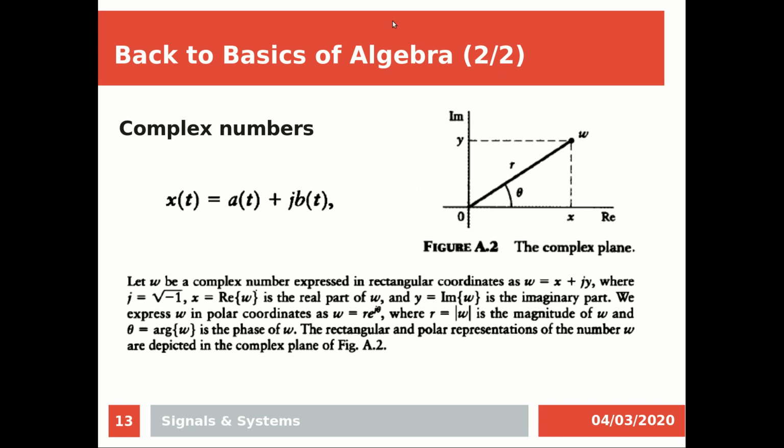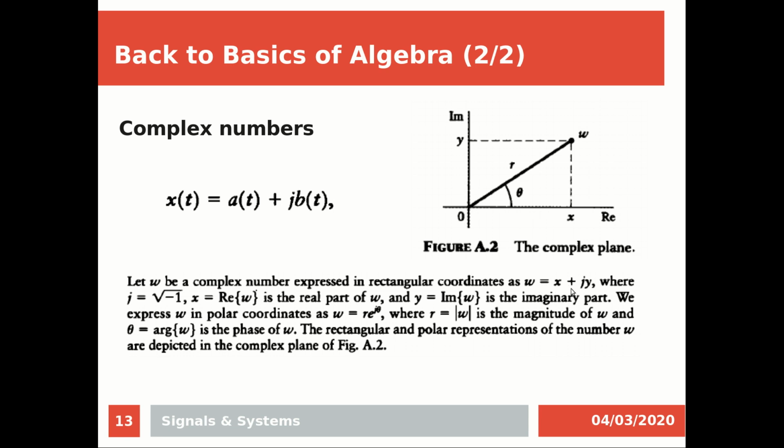Now back to the basic algebra again. The complex number, as I said to you: this is the imaginary axis and this is the real axis, we have a theta here and we have this number. This number has a real part, and j is the square root of minus 1. The real part is x and the imaginary part is y.